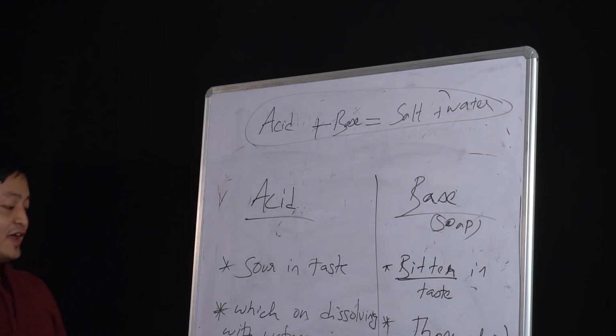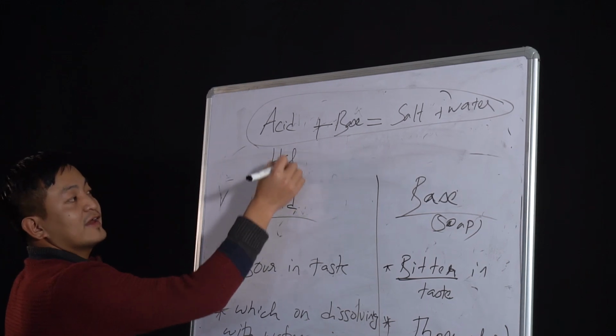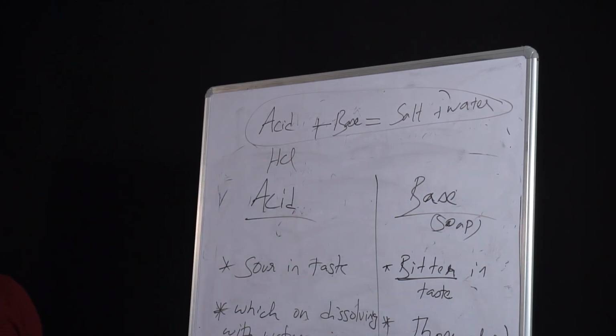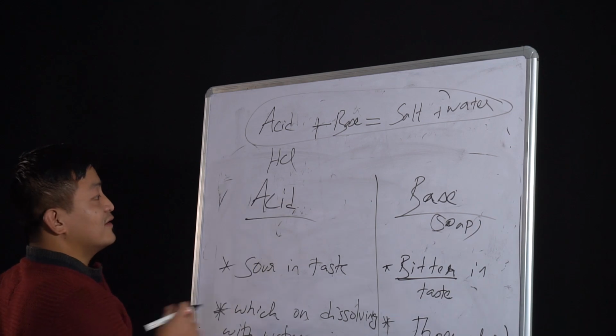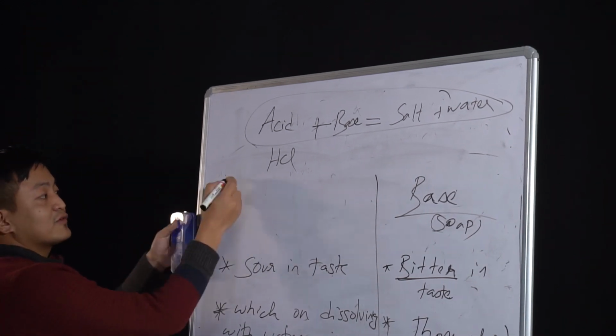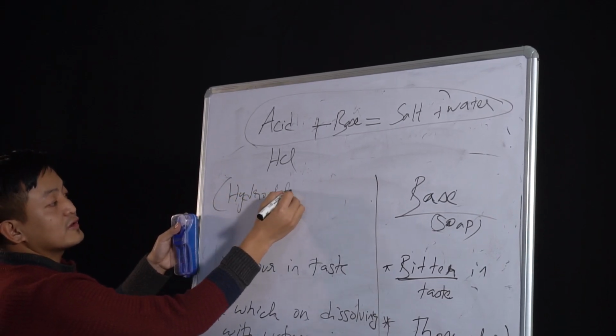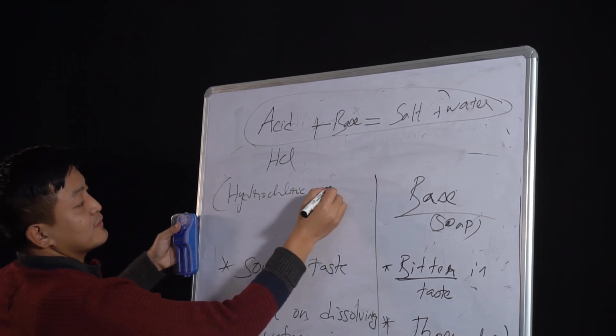So now let's give an example of an acid. Let's give HCl. HCl is hydrochloric acid.